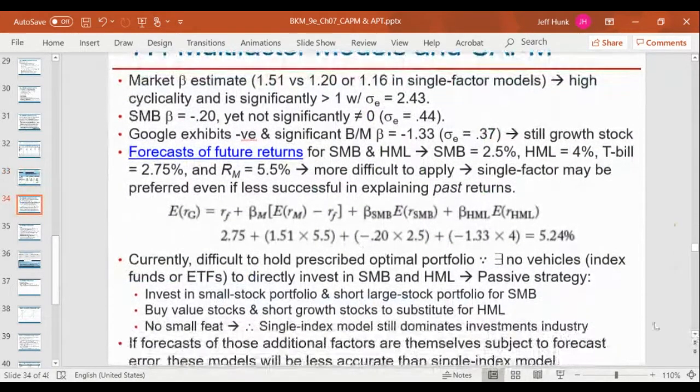All these standard errors come from that regression result. And according to this, Google's expected return is 5.24, right?